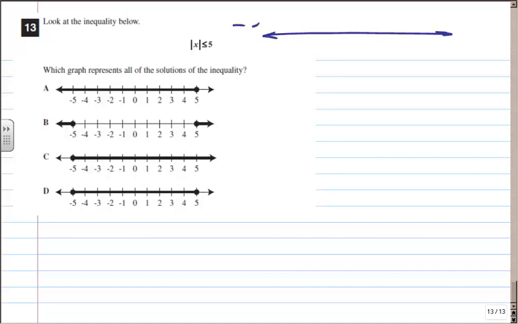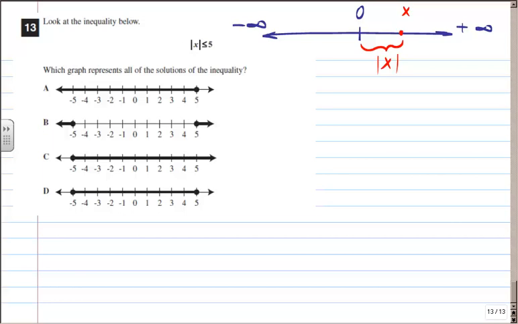If this is my number line with negative infinity and positive infinity, and here's my 0, if I have any number, let's say x, the absolute value of x will be nothing else but this distance right here, right? From my x to 0, that's the absolute value.